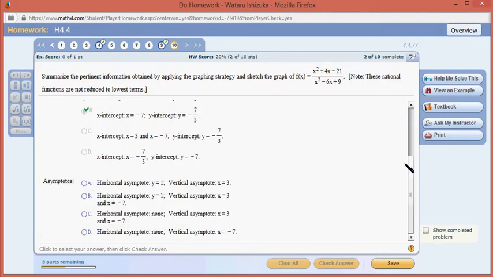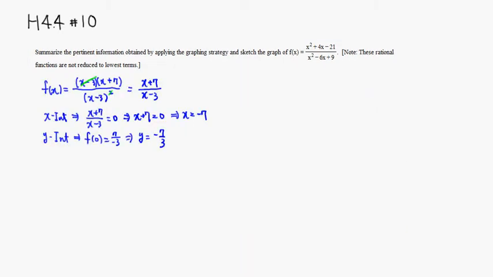Then we want to find the horizontal and vertical asymptotes. Since x equals 3 makes the denominator equal to 0, the vertical asymptote is x equals 3. For the horizontal asymptote, you have to take the limit of x plus 7 over x minus 3 as x approaches infinity.